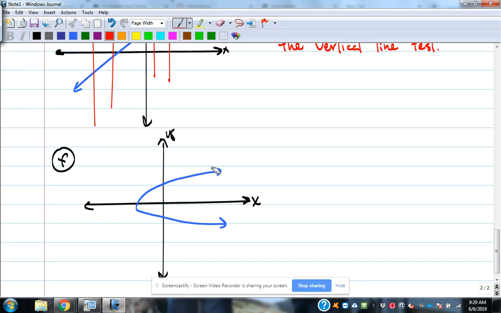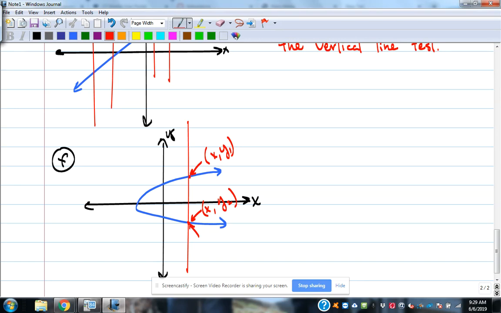If I drop that vertical line just right here, it hits right there and right there. That spot where it hits is an ordered pair everywhere it hits. So here you've got an X value and a Y value, and here you've got the same X value, but a different Y value because they're in different places, right?